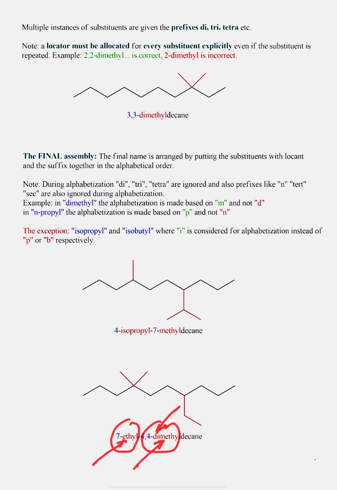If I consider D, then 4,4-dimethyl should have been first and 7-ethyl after it. I hope you keep all these intricacies in mind while naming a compound given to you. So let's go to the next topic. Let me go to the next slide.